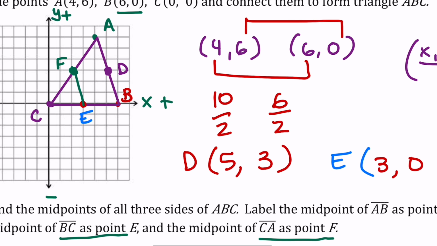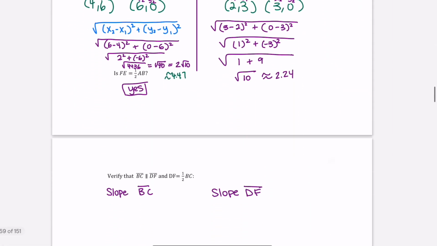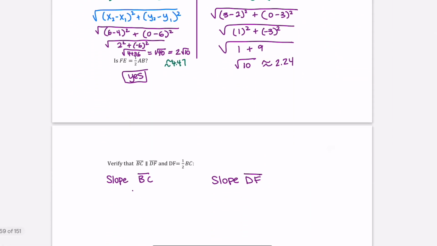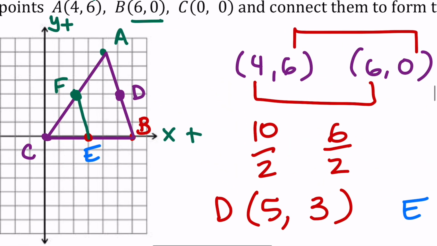This is a length of 6. But since it's a flat surface, the slope is 0. So the slope of BC is 0. DF is this flat surface right here. It has a slope of 0 as well.